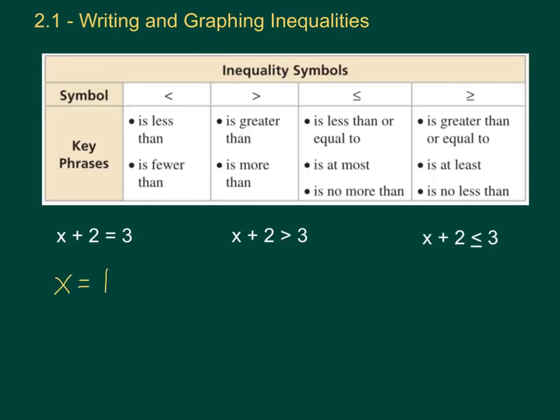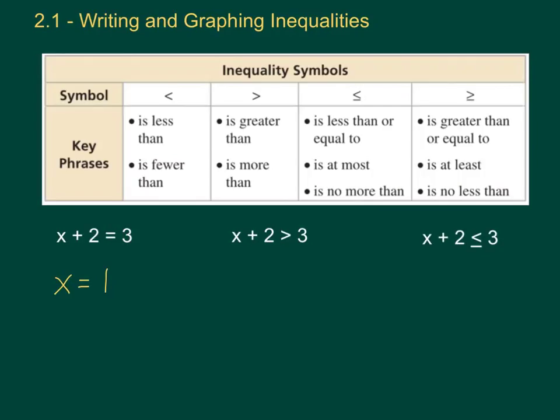When I say that x plus 2 is greater than 3, I can pick anything that's going to make that left side bigger than 3. It doesn't matter how much bigger. If I pick 5, 5 plus 2 is 7, and that's greater than 3. If I pick 18, 18 plus 2 is 20, and that's greater than 3.